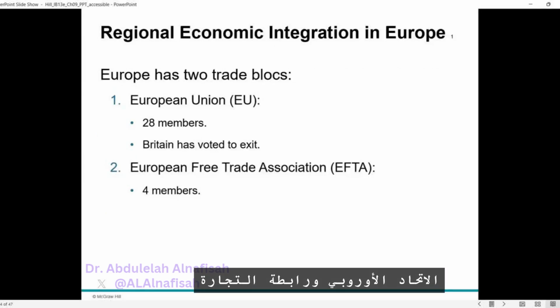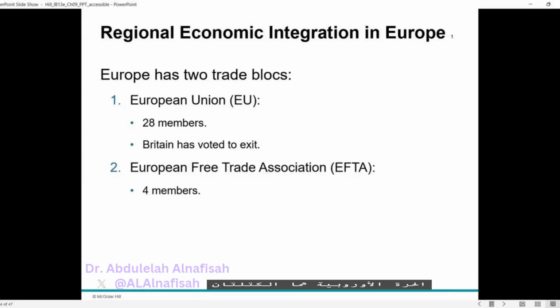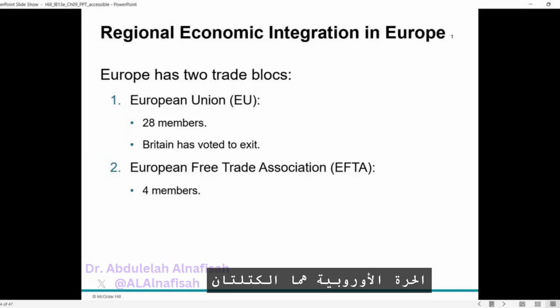The European Union, EU, and the European Free Trade Association, EFTA, are the two main trade blocs in Europe, with the EU being significantly more influential due to its larger membership, 28 countries compared to EFTA's 4, and its substantial economic and political impact globally.